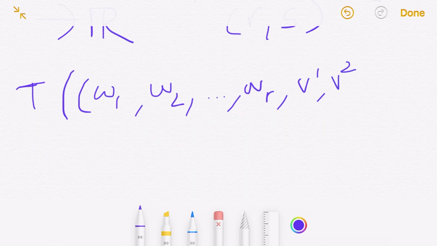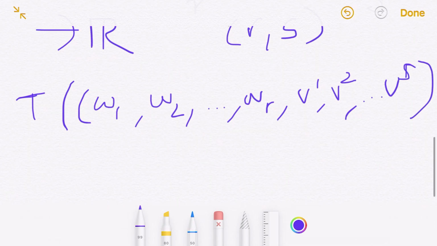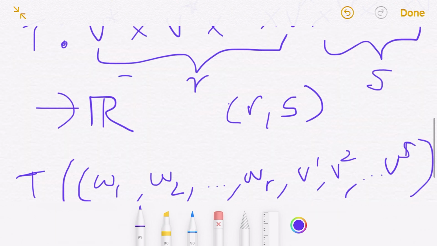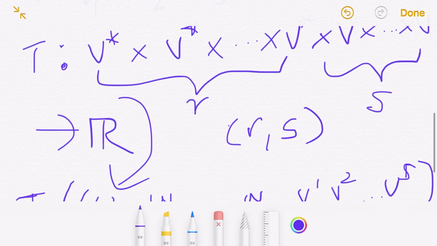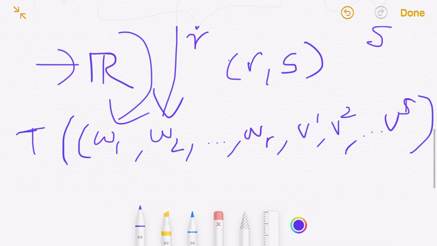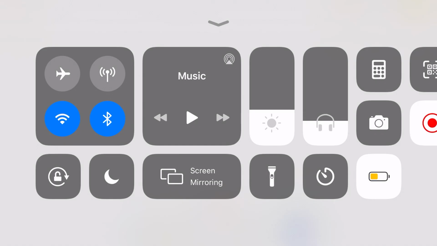Why am I labeling the indices on top? To differentiate the dual vector space and the normal vector space. These are all vectors that belong to these vector spaces, each from the individual vector spaces.